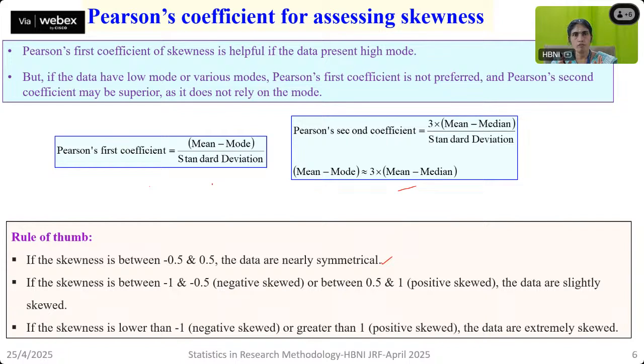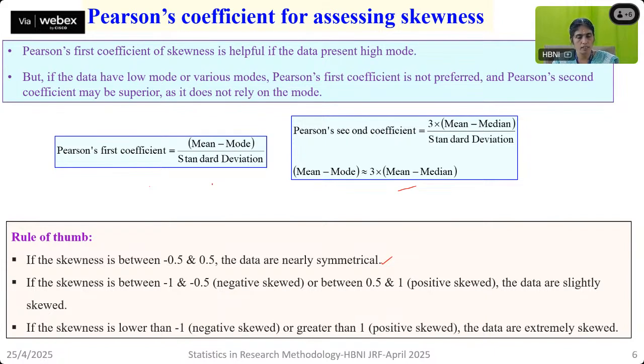If the calculated coefficient is having a range of values between minus 0.5 to minus 1, or plus 0.5 to plus 1, either of these, within this range your calculated value comes out, then we say that it is slightly skewed. It is not much visible, but there is some skewness in the data.